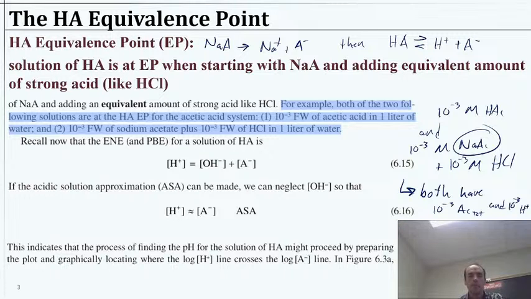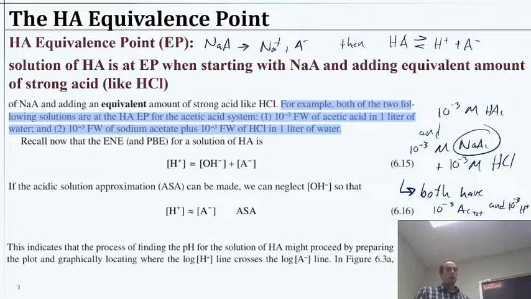Exactly. So that's why you would need to add a very strong acid. Okay. Does that make sense? So again, we're just defining how much acid it's going to take to go between these 2 points.